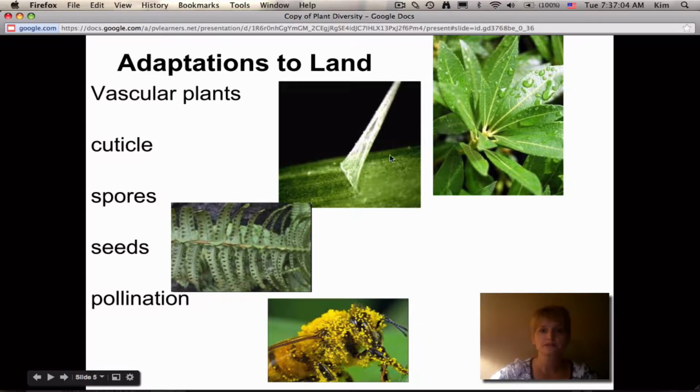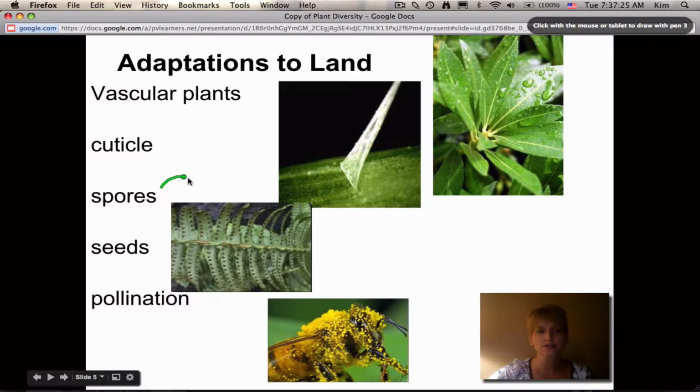If you look at this picture right here, you see this waxy layer that they're peeling up off of the plant. That's the cuticle, and it's really just a waxy layer that covers the surface of the plant, and it allows the plant to hold in water and not dry out as quickly.